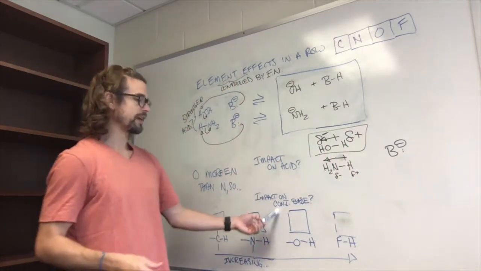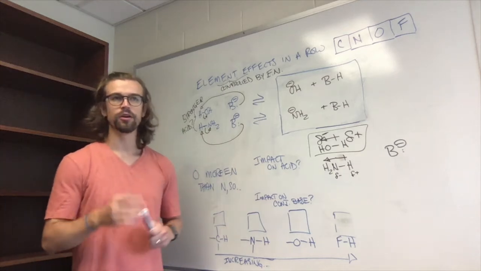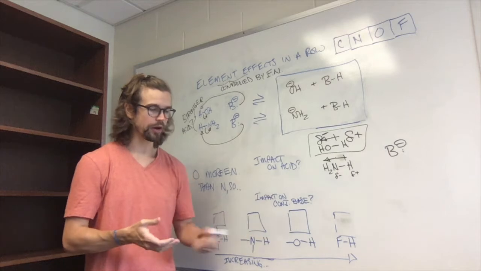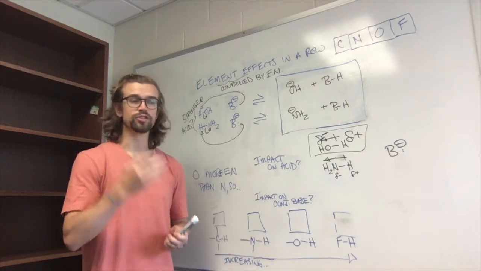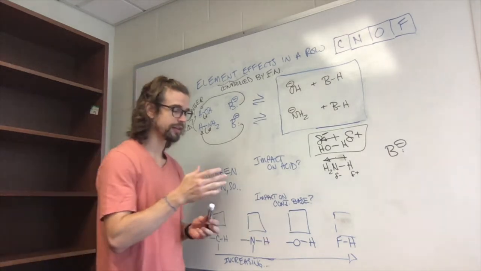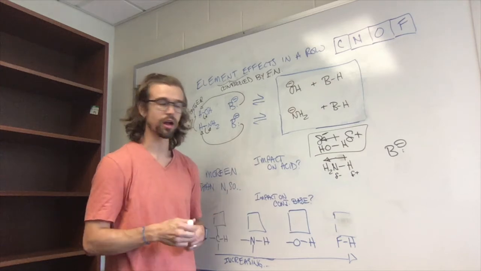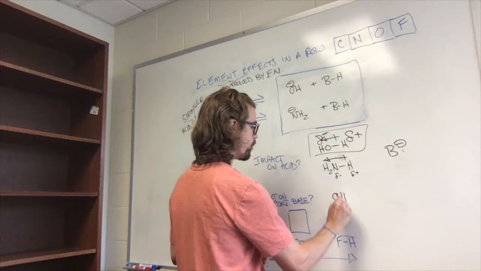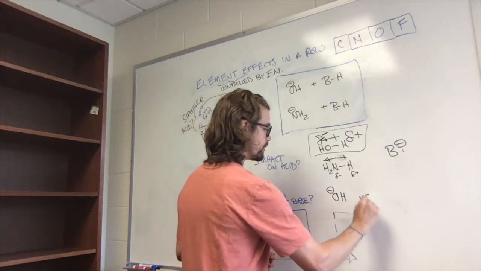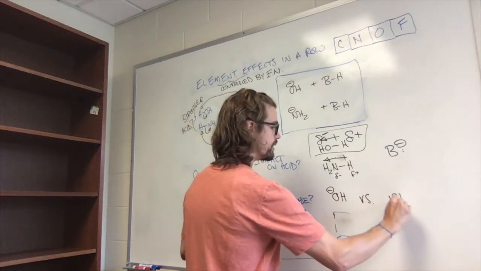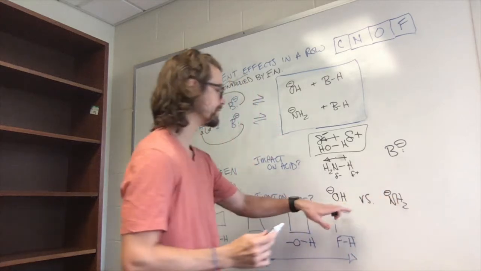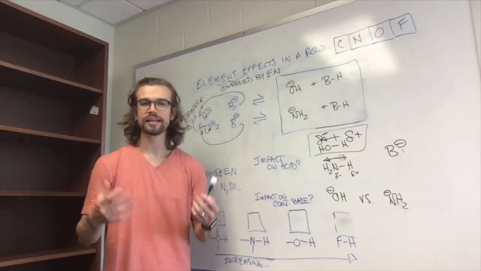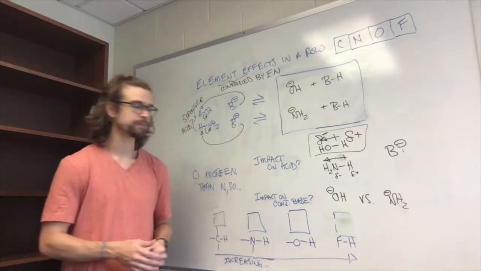What about if we look at the conjugate bases? Remember what we just said up a little higher on our note packet is that the stronger acid is connected to the more stable conjugate base. So we have to look at the conjugate bases, and one of them is OH minus versus NH2 minus. So which of these is more stable? The more stable conjugate base came from the stronger acid.